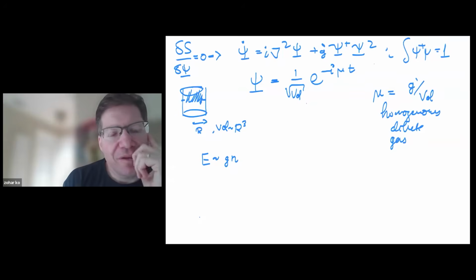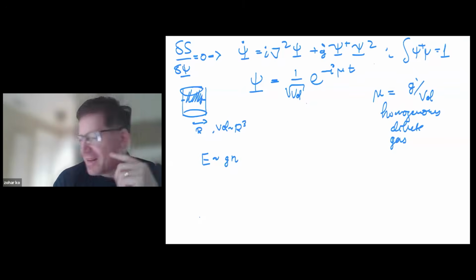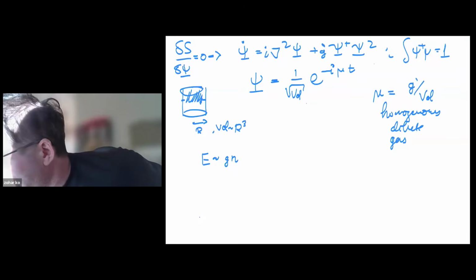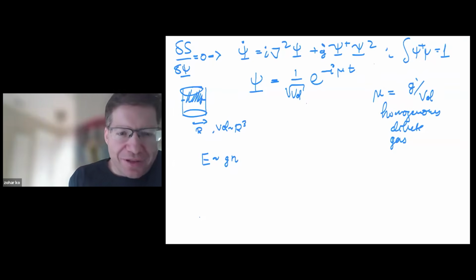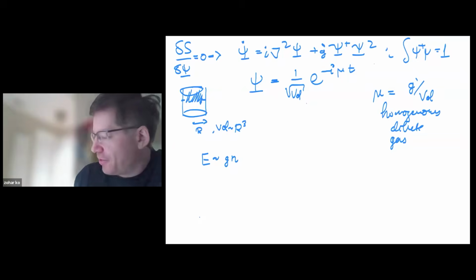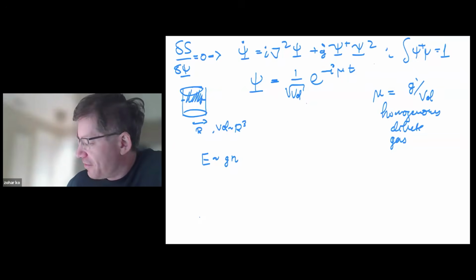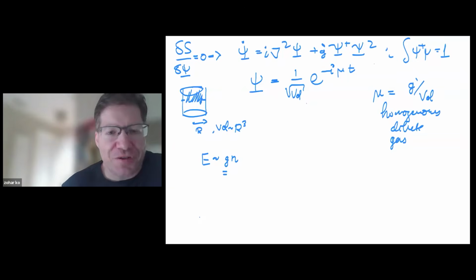So the dependence on density looks like you would pretty much get the same thing even if the particles were non-interacting, right? So that part is extremely obvious, that the energy should depend like that on the density if there were no interactions. The thing that is remarkable here and completely counterintuitive is this prefactor, G.